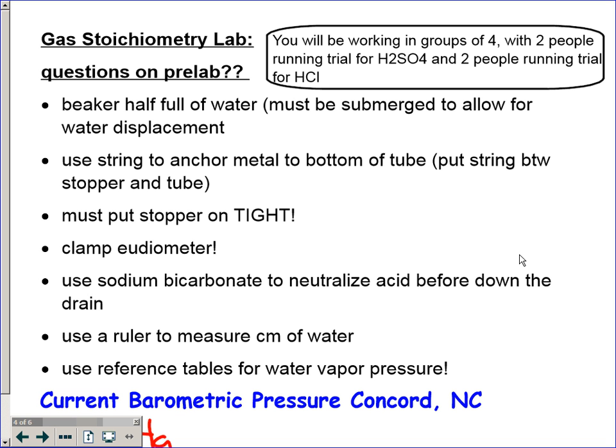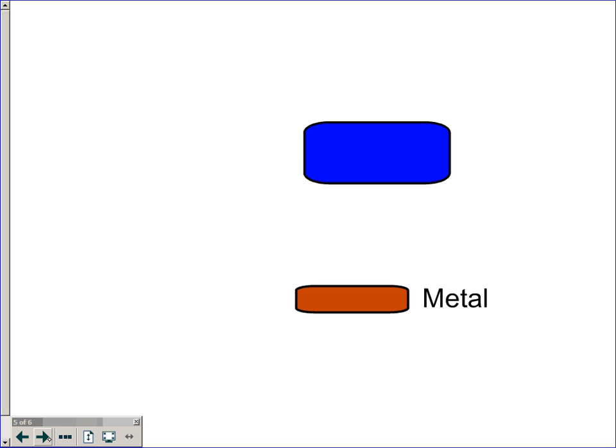Okay, so what we're going to do is, in the picture on the lab, let me come back to this. Well, where's my image? Okay. Well, there was this image here. It kind of looked like this. This is a beaker.